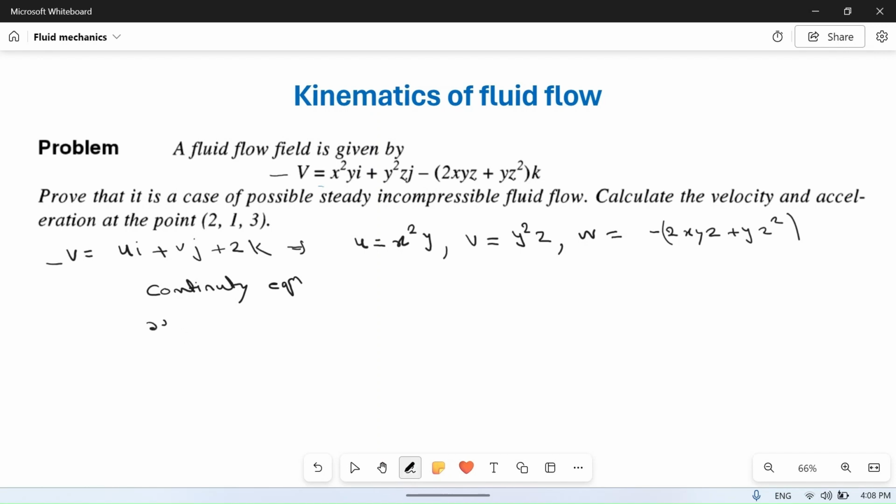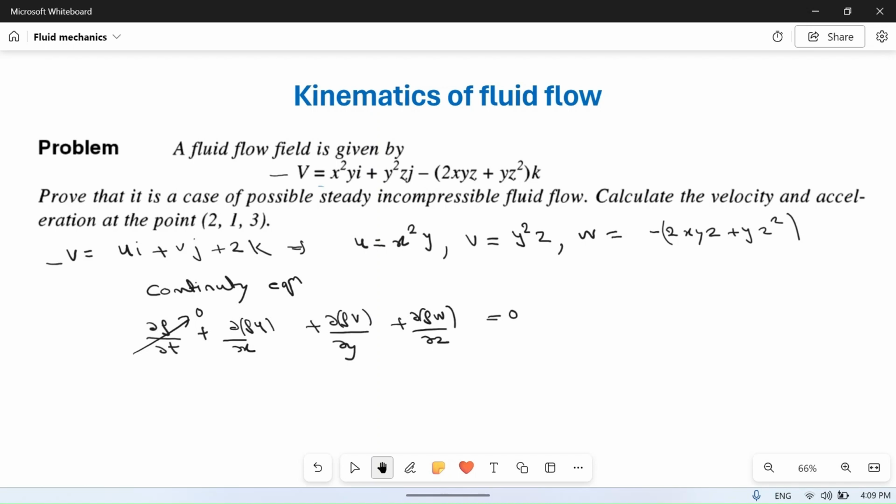It is ∂ρ/∂t + ∂(ρu)/∂x + ∂(ρv)/∂y + ∂(ρw)/∂z = 0.